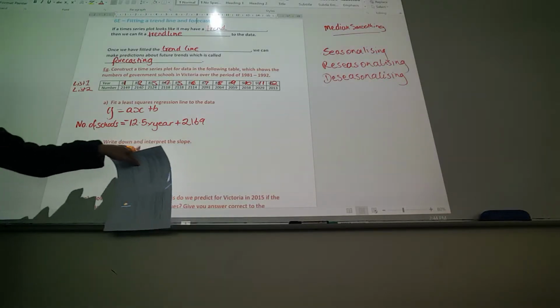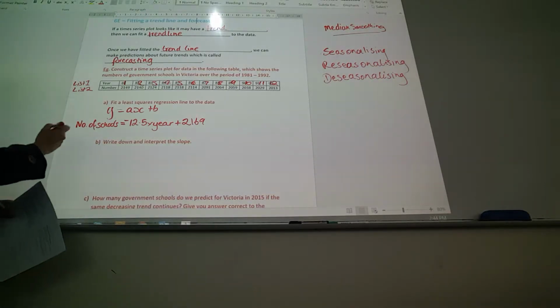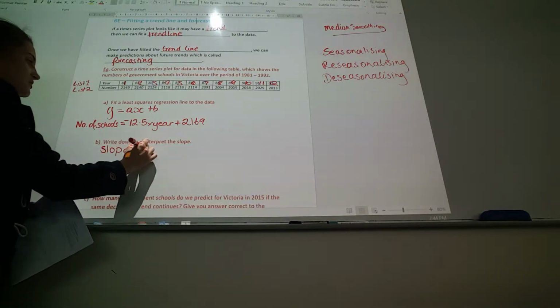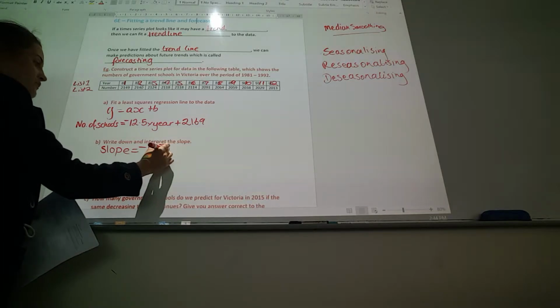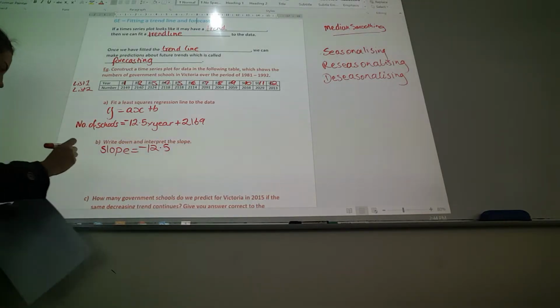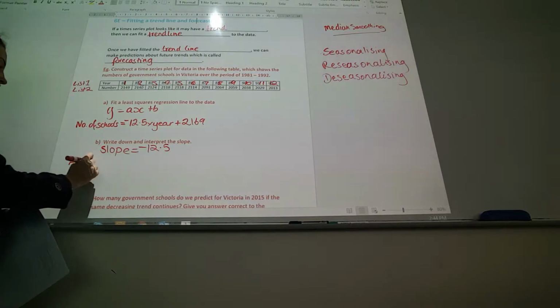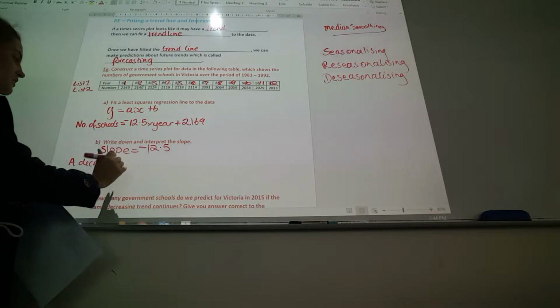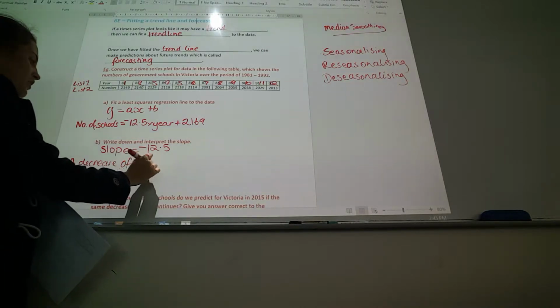Okay, so next bit, write down and interpret the slope. So, make it explicit, slope equals negative 12.5. What does this mean? So a decrease of 12.5 schools each year.